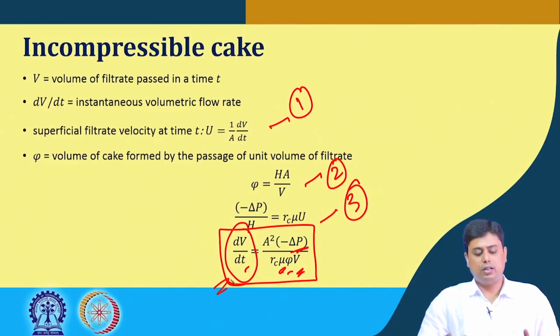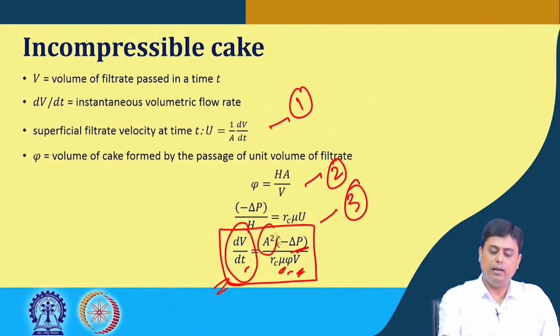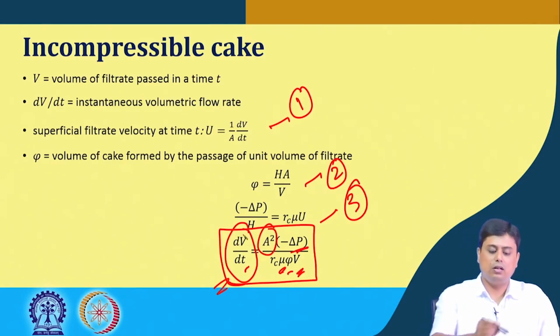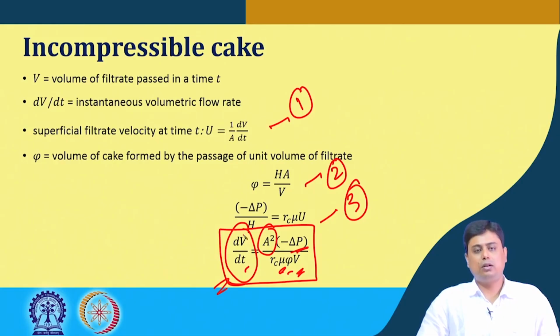As the available area of the filtration media increases, the filtration rate increases with the square of the available surface area, so it drastically increases. As you increase the pressure drop across this bed, the filtration rate increases proportionately.